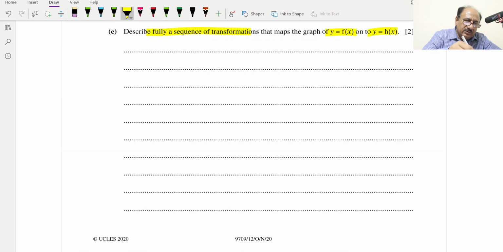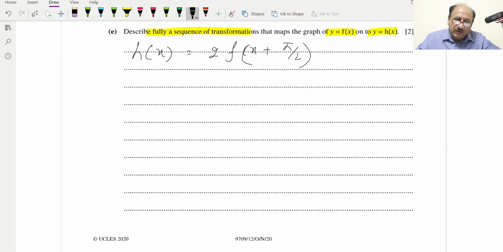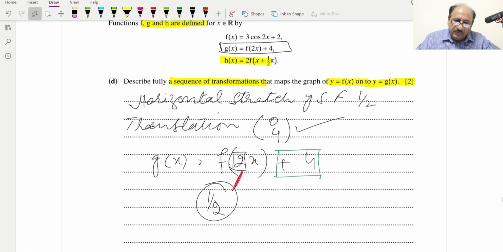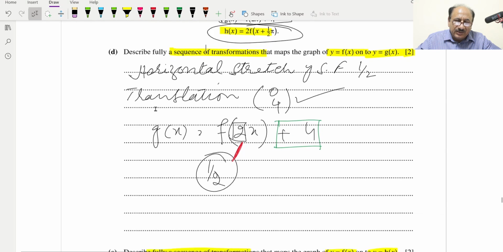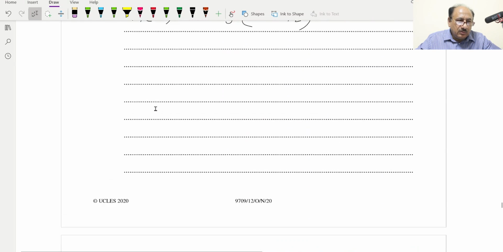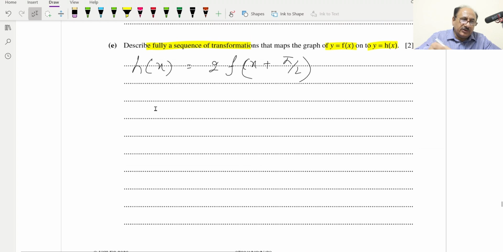So if we write this one, h of x is equal to what? 2f of x plus pi by 2, which we have taken. h of x is equal to 2f of x plus pi by 2.